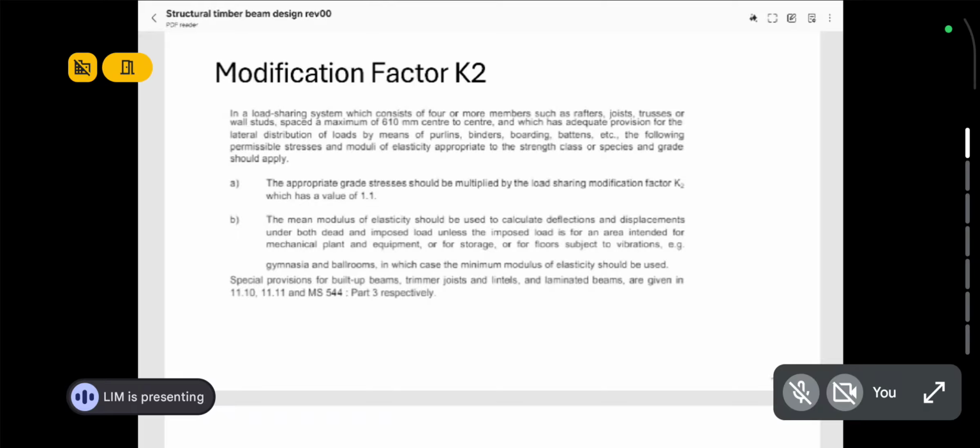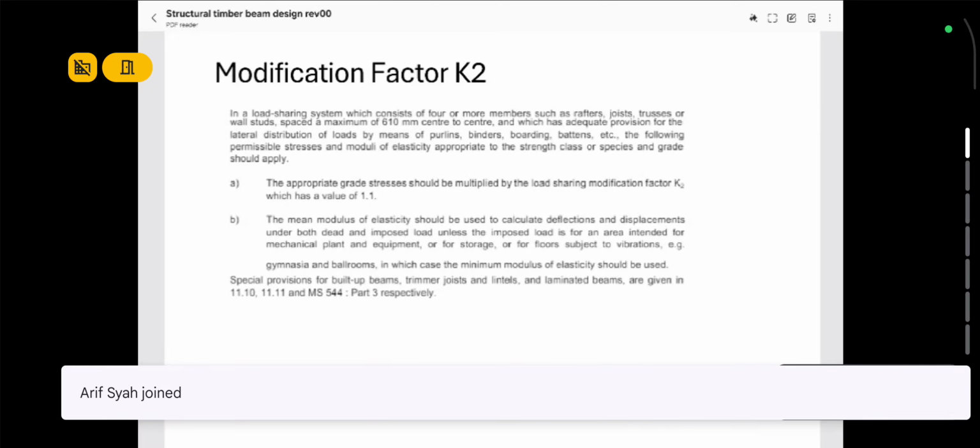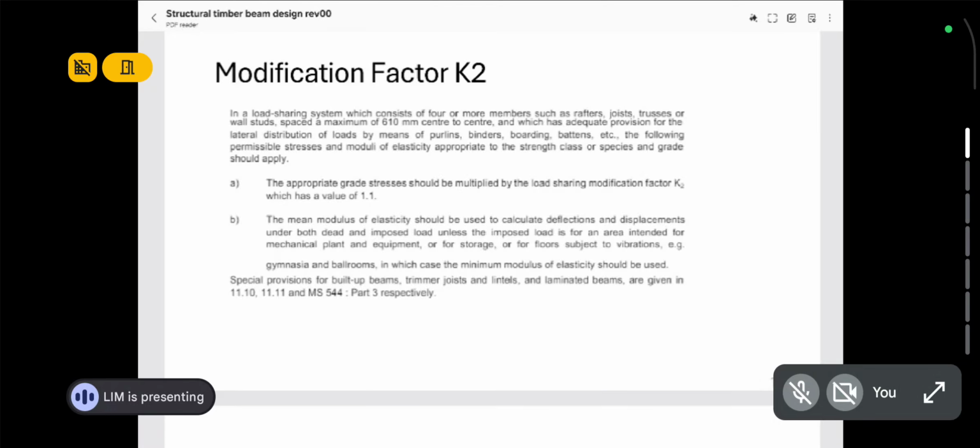Anything less than 610 millimeter spacing, you can apply a modification factor K2 because the joists are so close to each other that they effectively share the loading. So you can apply the load sharing modification factor K2, which is 1.1. So you increase the capacity by 10%.